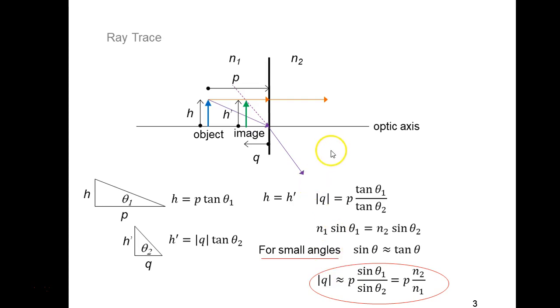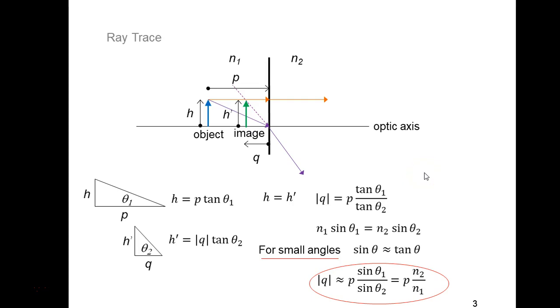But if you swing your eye off the optic axis, and now you're using ray angles that are near 60 degrees, this image will actually appear closer to the surface, or I should say, the interface, okay? In fact, as you increase your viewing angle, the image gets closer and closer to the interface.